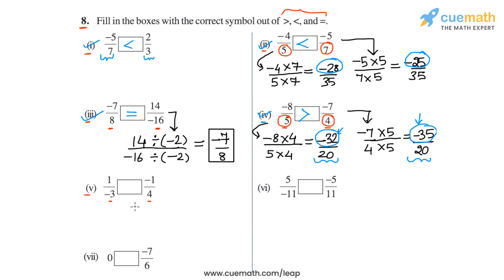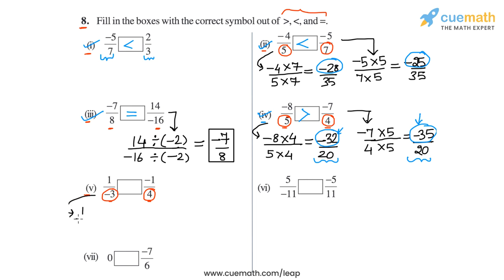Both of these are negative rational numbers. So let's write both of them as equivalent rational numbers with the same denominator. So the denominators are minus 3 and 4. The LCM of 3 and 4 is 12. So let's write both of them as equivalent rational numbers with the denominator 12.